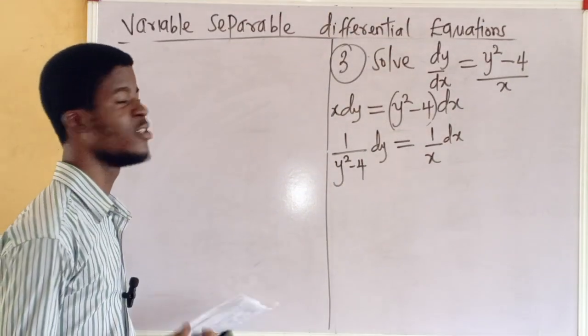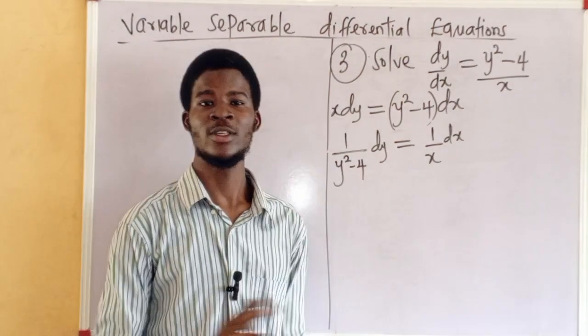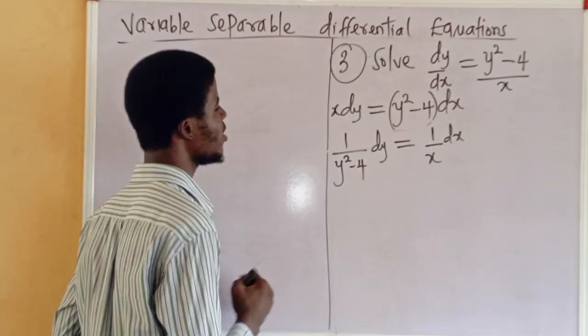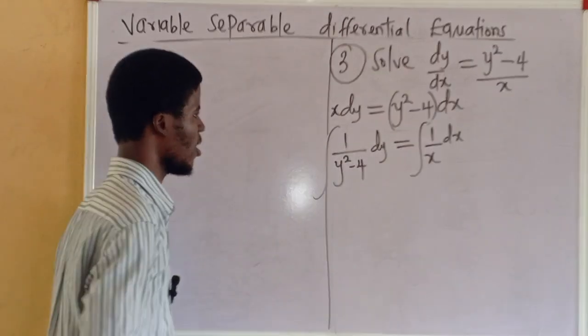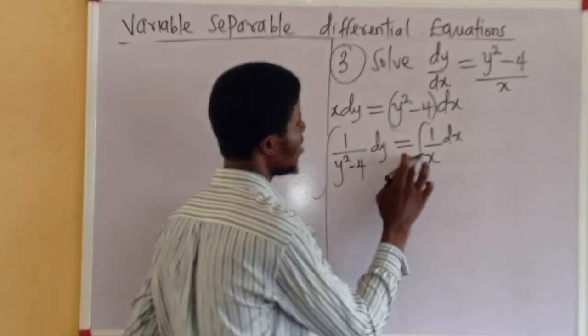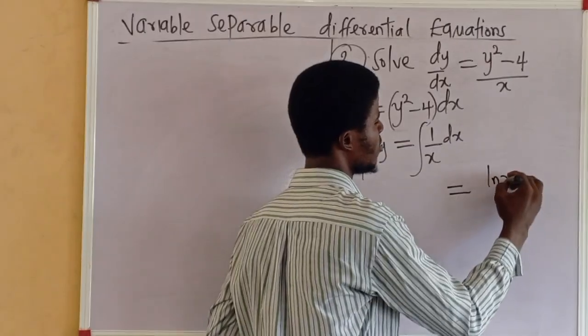At this point, we can integrate both sides because we have separated the variables purely. Integrating both sides, I can integrate 1 over x dx to obtain ln x plus c.